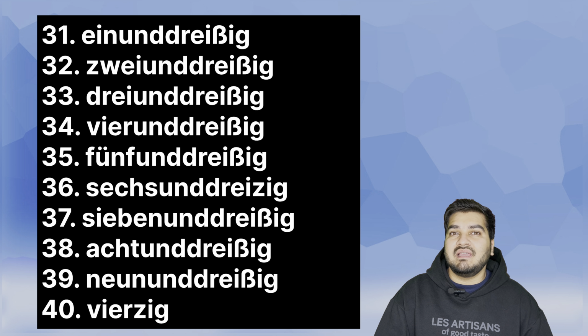So let's suppose if we are saying 31, 32, 33, 34, 35, 36, 37, 38, 39, 40. So you know how to say the counting now, but we should do the tens.